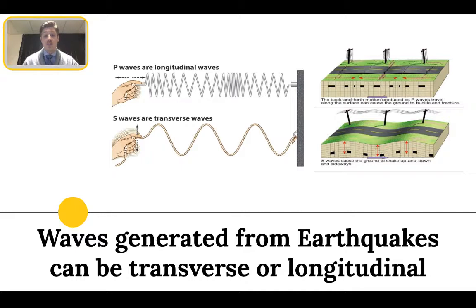Longitudinal waves can also travel through liquid and gas, travelling at the speed of sound through the air. The secondary or S waves of an earthquake are transverse waves, and they can only travel through solids. They travel at nearly half the speed of P waves. So you can see the two types of waves in an earthquake here and the damage that they could cause.